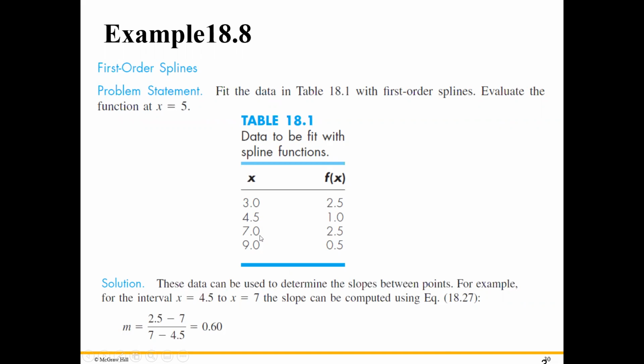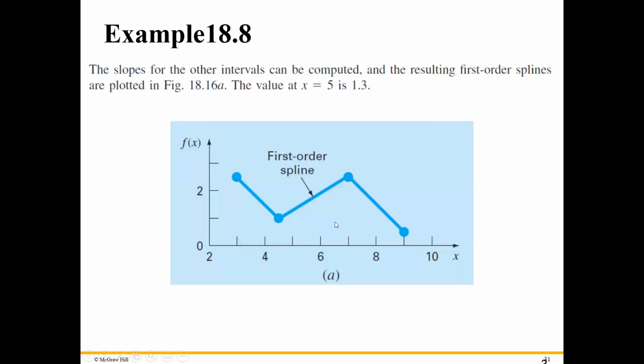We can use this slope and the difference between the x values, 5 and 4.5, which is 0.5. The change in value from 4.5 to 5 will be 0.6 times 0.5, that is 0.3. And 0.3 when added to 1 gives us the answer 1.3. So we can very easily get this, because in this case we are just taking the linear relationship.